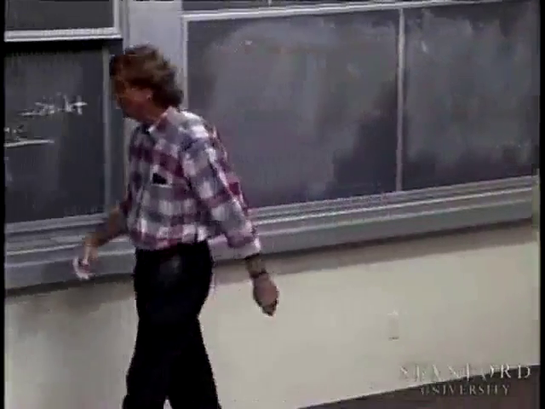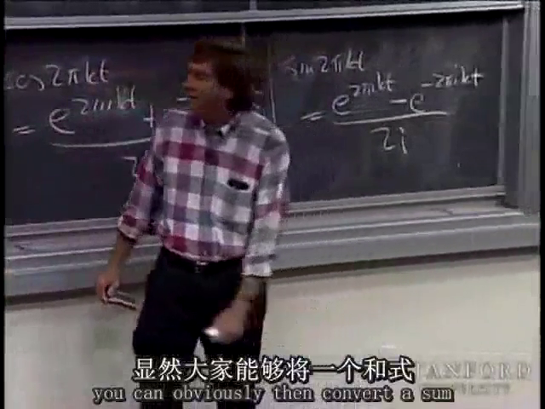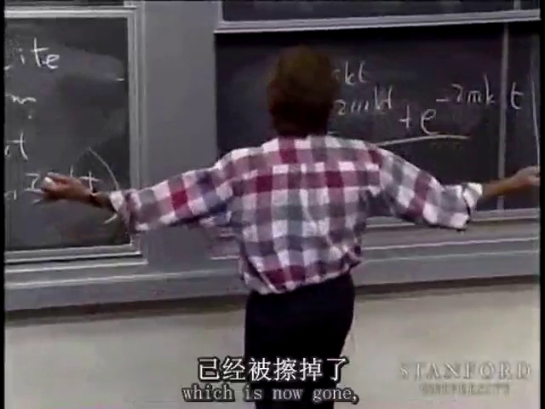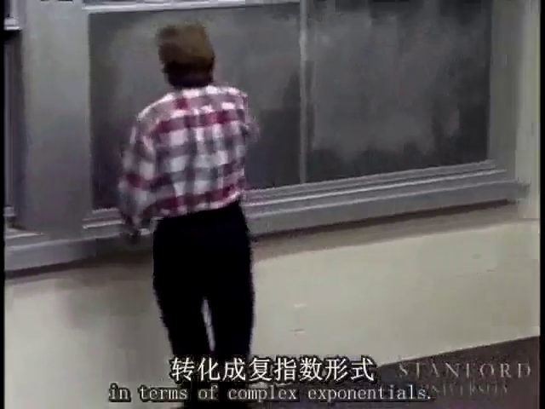All right, or complex exponentials. Now, because of this, and I won't write it out in detail, you can obviously convert a sum which looks like it's in terms of sines and cosines into complex exponentials.